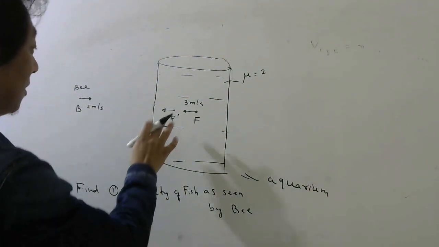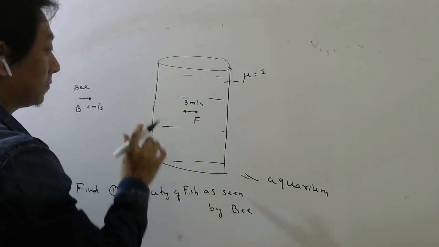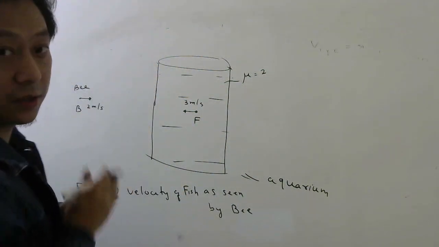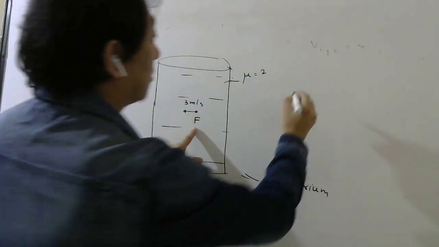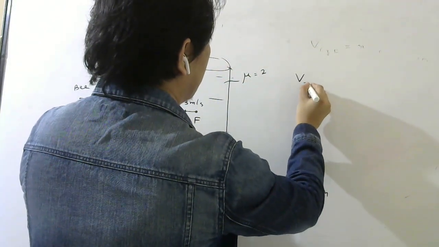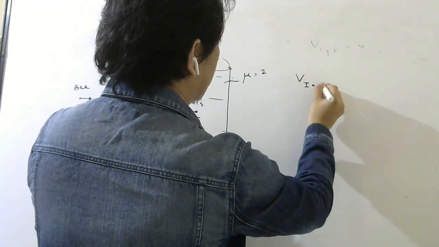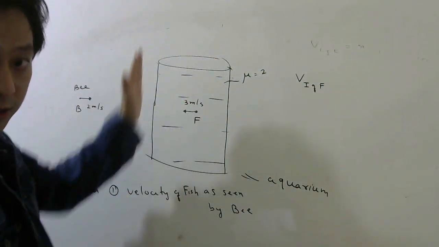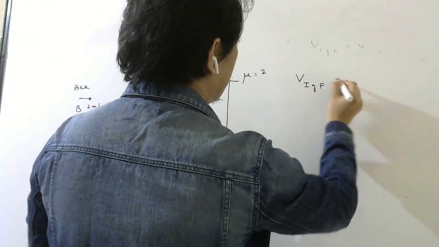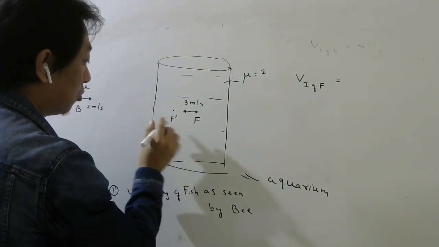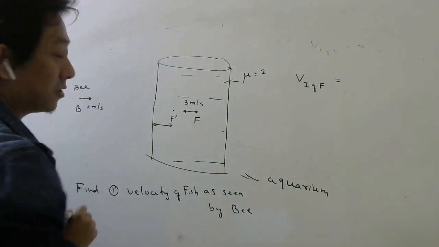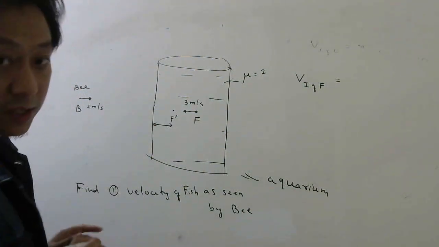So first what we will find, from the surface we will find velocity of the image of fish. So velocity of image of fish with respect to surface is equal to, now be careful, image of fish will be here. So you can see apparent distance is less or more now. Apparent distance will be less.